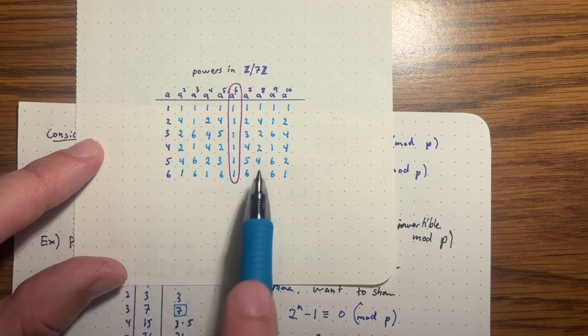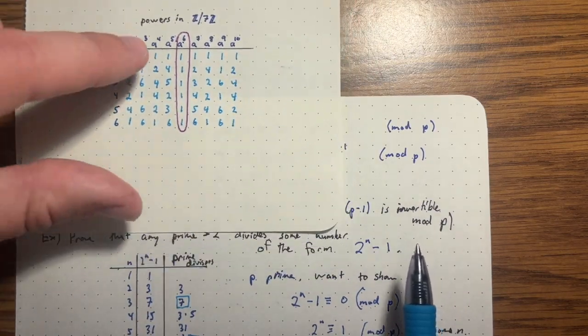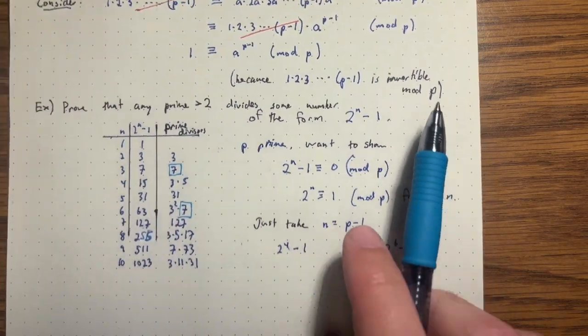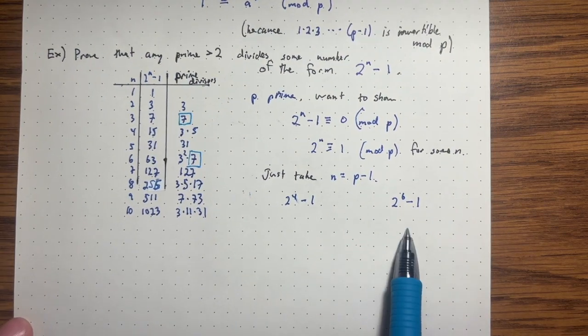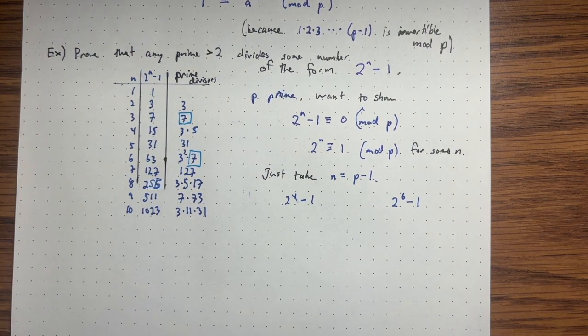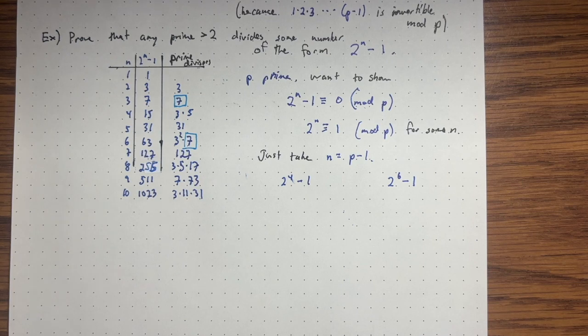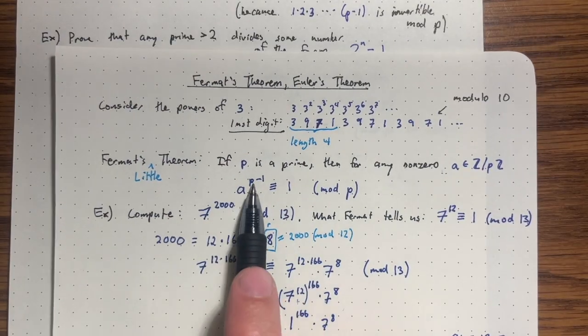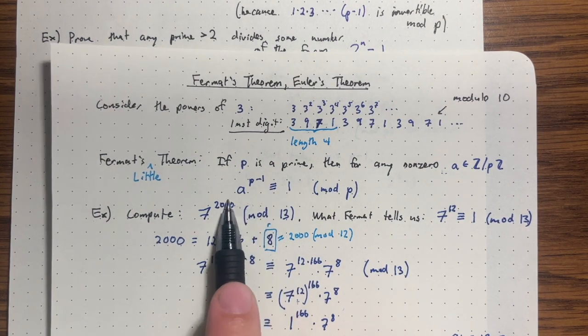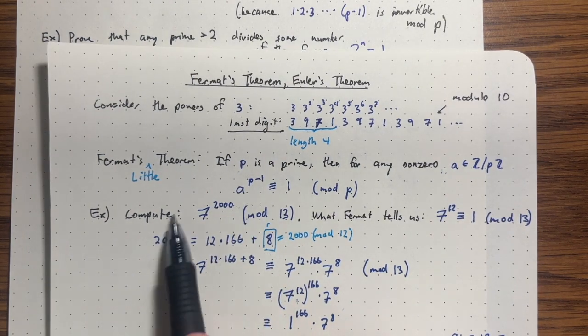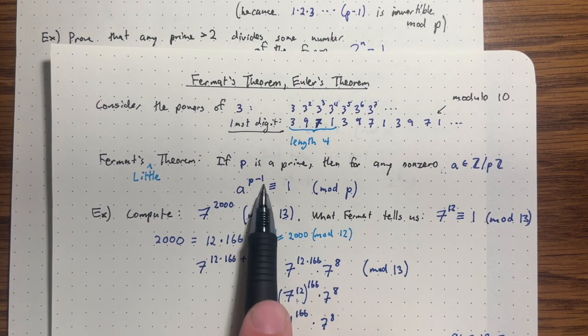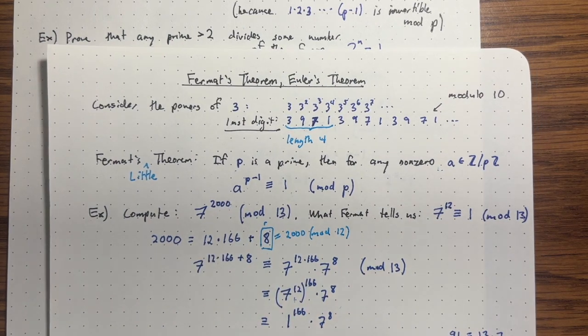I only have to do the 3rd power. I don't have to go to the 6th power. The 6th power is guaranteed to be 1, but I might actually get something congruent to 1 earlier. So Fermat's theorem is not saying that the first time I'm ever going to get 1 is the p minus 1 power. I might get 1 before for some smaller power. However, this power will always guarantee that I will get something congruent to 1 for any a.